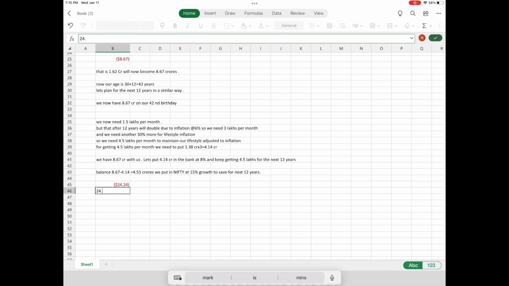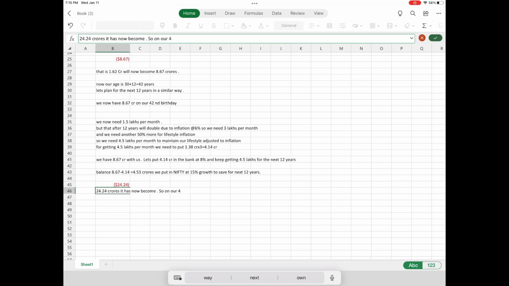So on our 54th birthday, correct? We took 30 plus 12, 42, 42 plus 12, 54th birthday, we will have 24.24 crores. It has now become 24.24 crores.